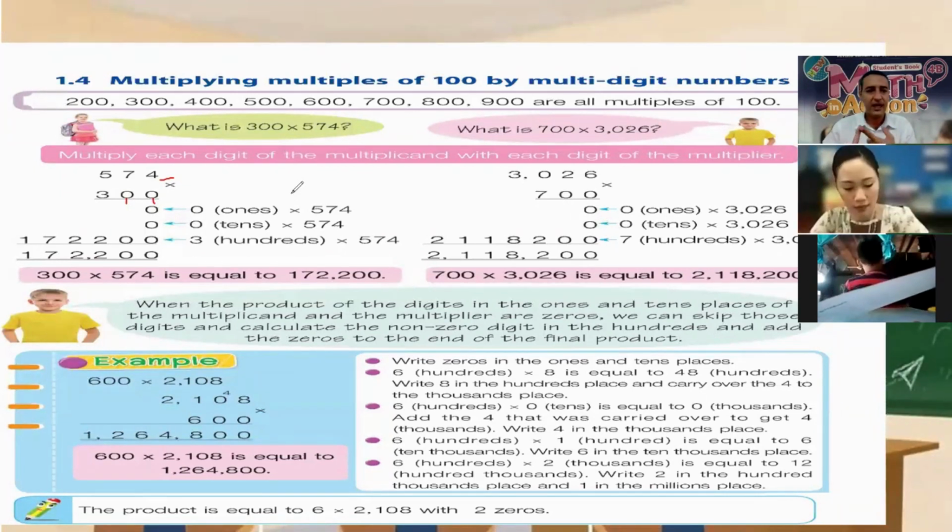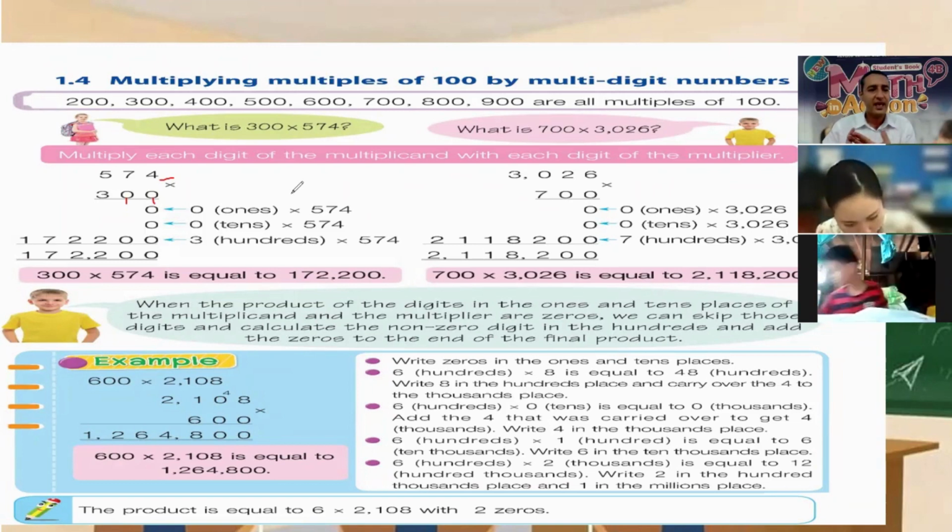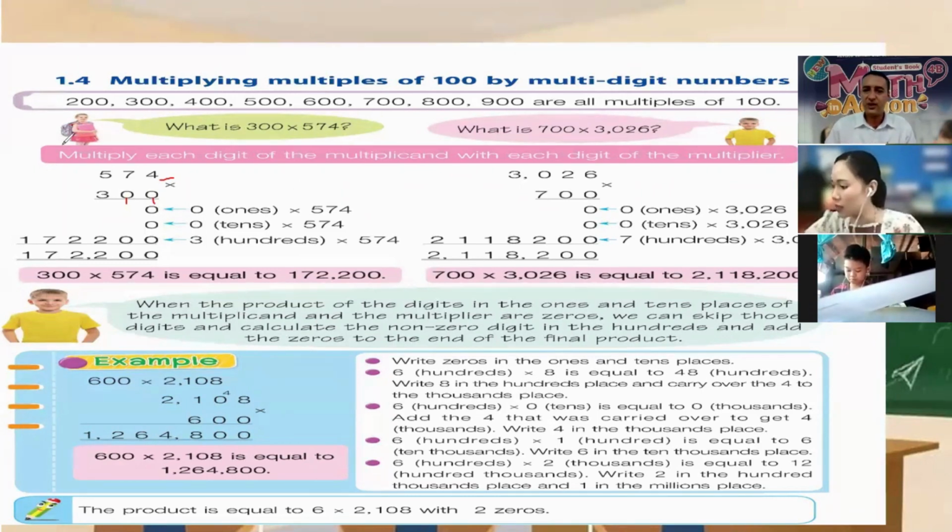So if we multiply 574 by 0, the answer will be 0. And again, if we multiply by the 0 at the tens place, the answer will also be 0. So therefore, for the first two places, ones and tens, we are going to write down zeros straight away. Okay, and directly we are going to start with the place 100.